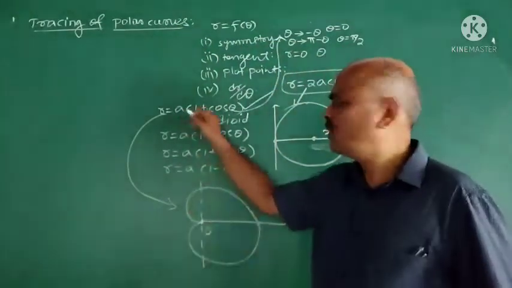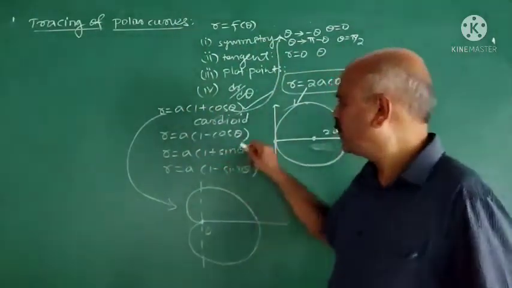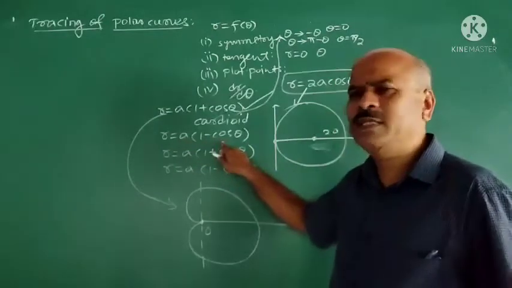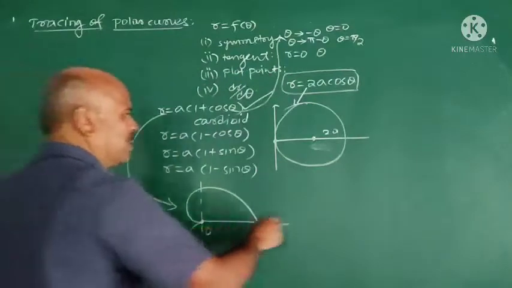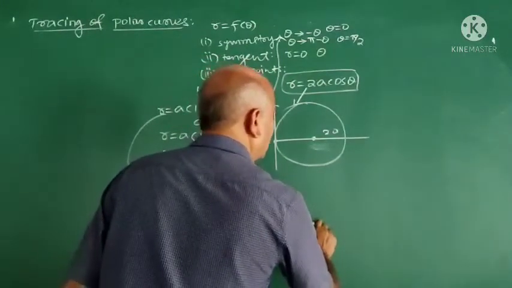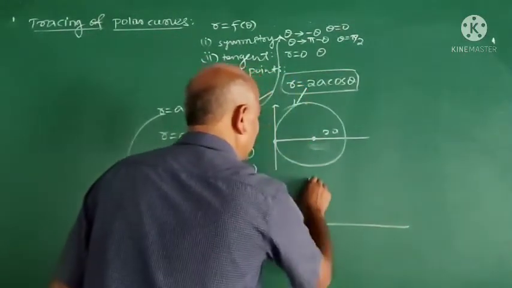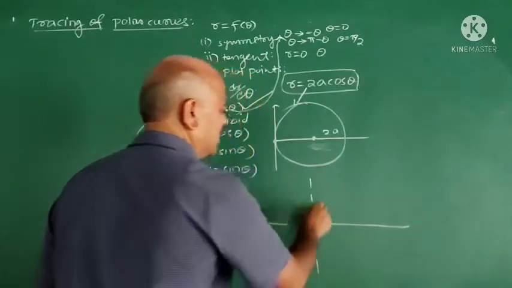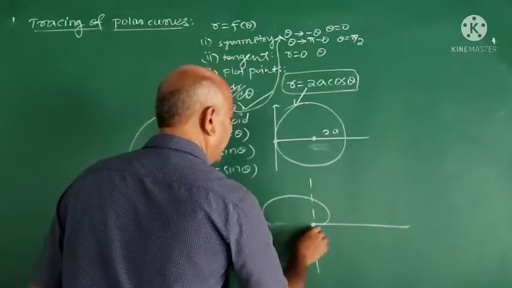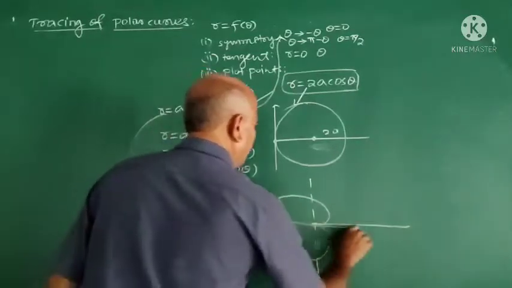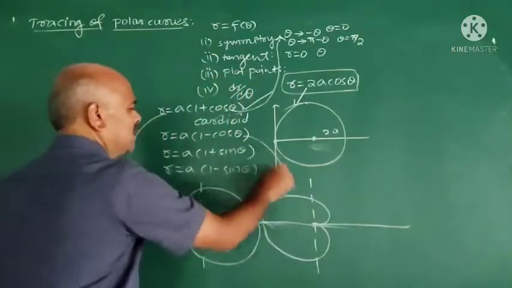This is called cardioid. Now R is a into 1 minus cos theta is exactly the same, but the direction is reversed here. Say this is the initial line, this is theta is pi by 2, and R is a into 1 minus cos theta is this curve.